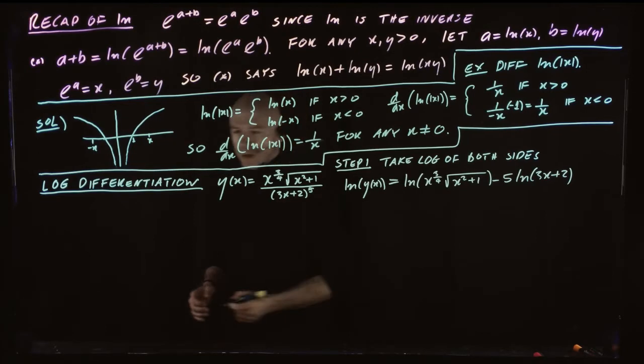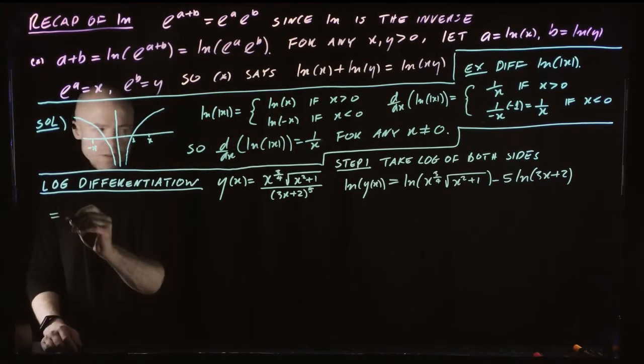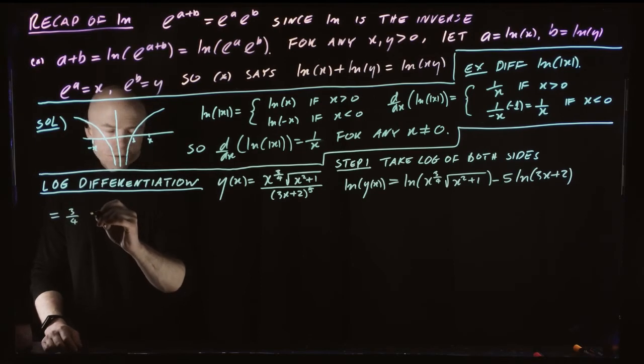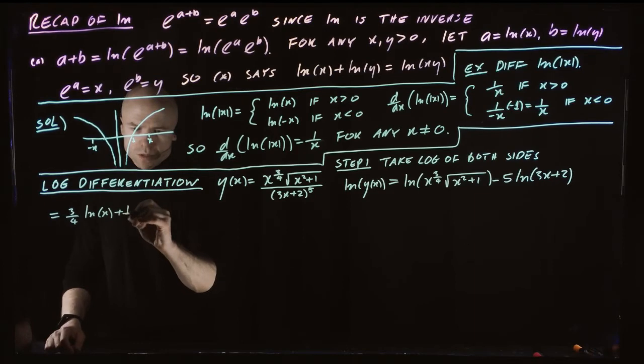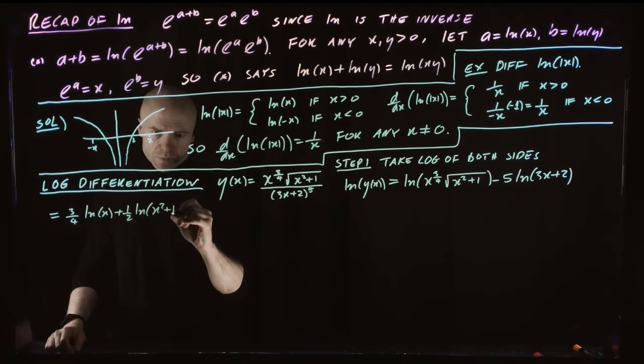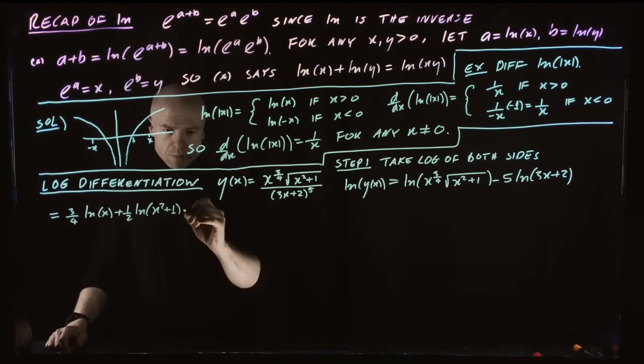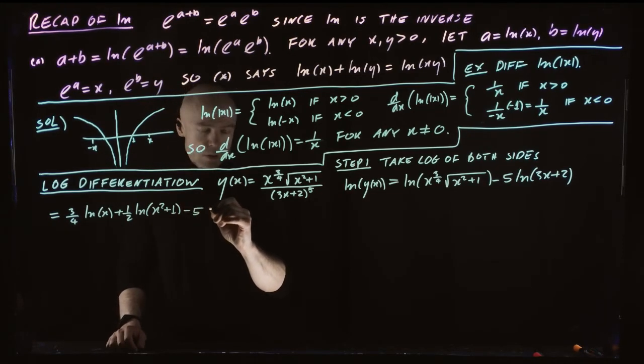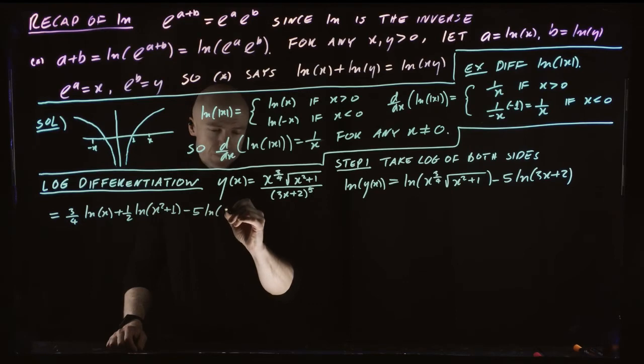And further breaking it up, we have 3 over 4 log of x plus 1 over 2 log of x squared plus 1, and then minus 5 log of 3x plus 2.